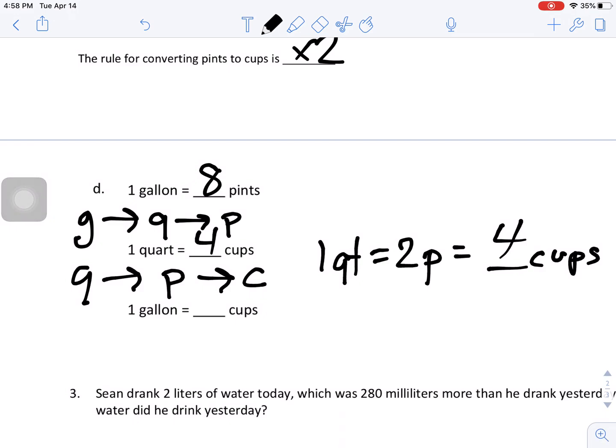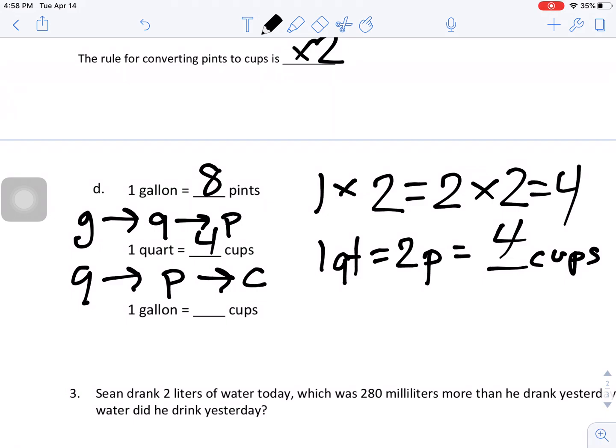And I could do that, or I could just remember the multiplication, that each quart has 2 pints, or pint-sized princes and princesses, and that equals 2, and that each pint-sized prince or princess got 2 cups, and that equals 4.